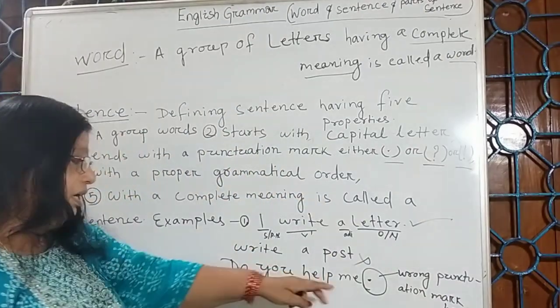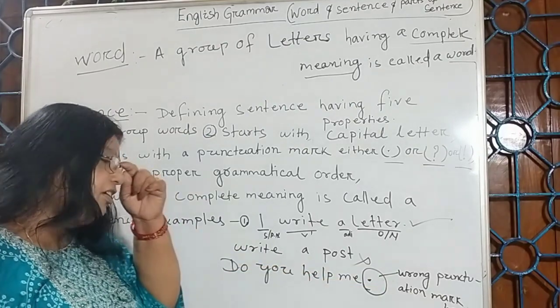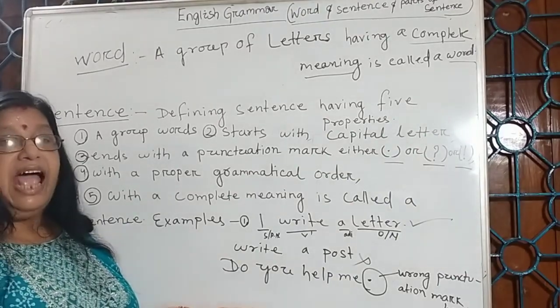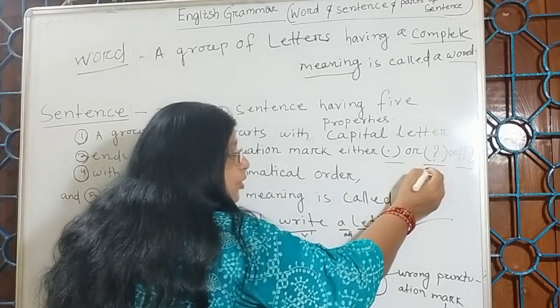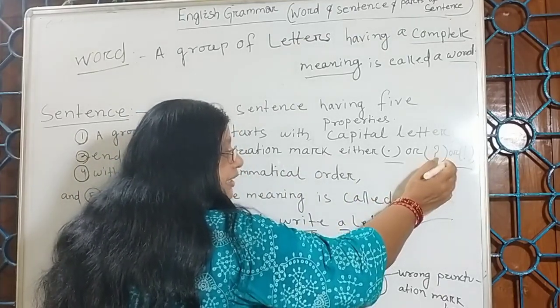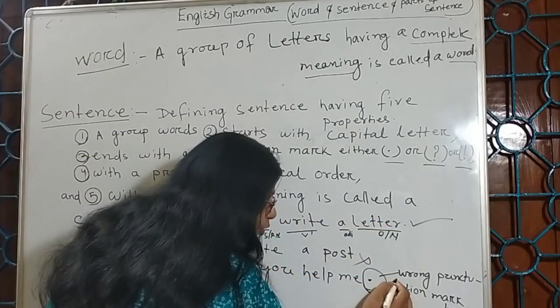So here, this is not the proper punctuation mark for this sentence, because this sentence is asking something, and a sentence asking something must bear this punctuation mark, that is a question mark. Instead of this, it should come as a question mark.